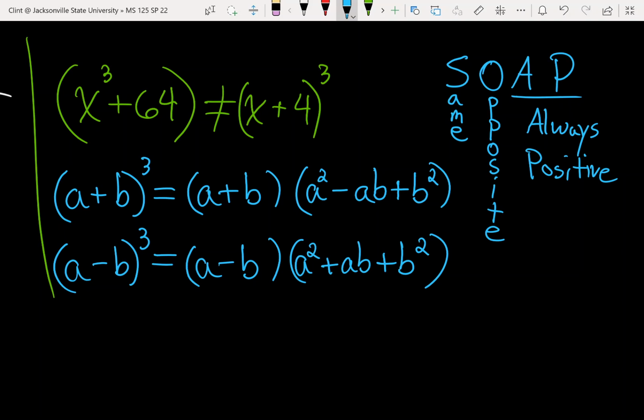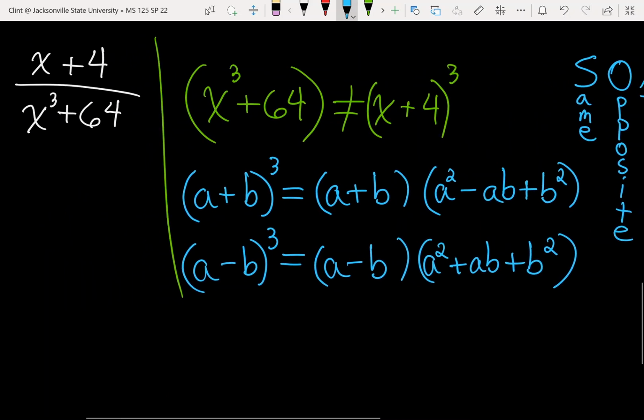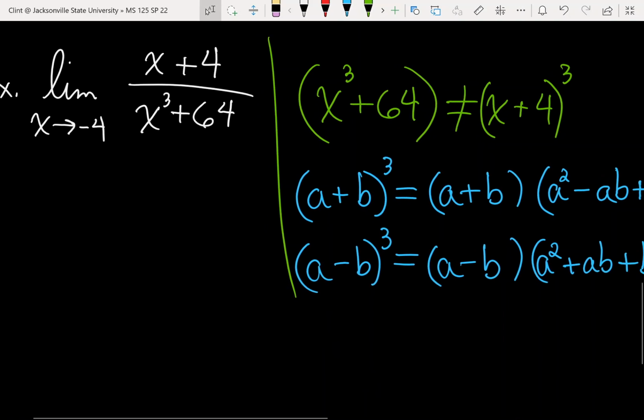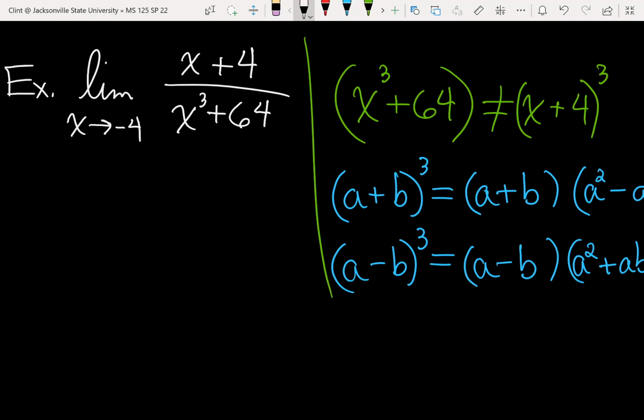So on this particular problem, we've got the sum of two cubes on the bottom. Let's finish it out real quick and I'll let you out of here. So we're trying to factor x cubed plus 64. The top's no big deal, it's just x plus 4.